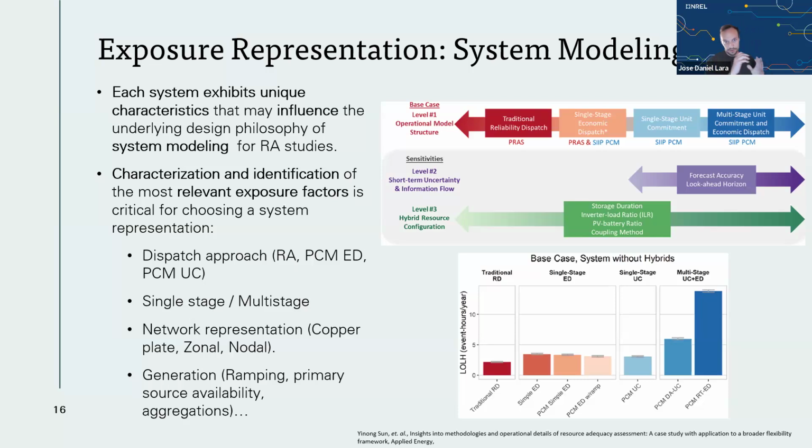So again, for this particular analysis in the paper that we studied, you can see that the more information we capture about how the system recovers and responds to an event, the more likelihood that we can capture potential hours of unserved load. And the more simplistic the system, the less likely that we can capture situations where deliverability is a big problem. So again, the exposure representation allows us to balance the needs in a study depending on how far ahead in the future and the conditions that we need to be.